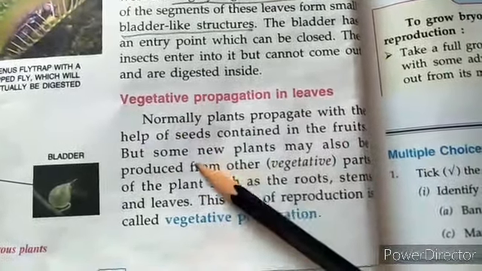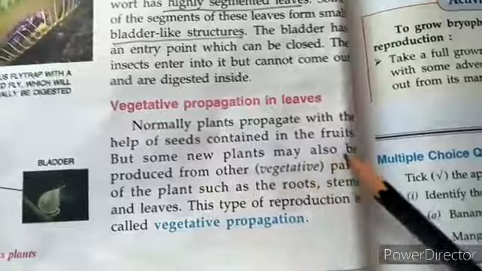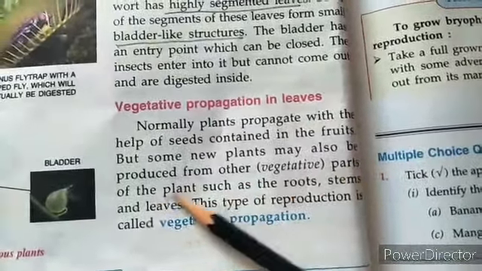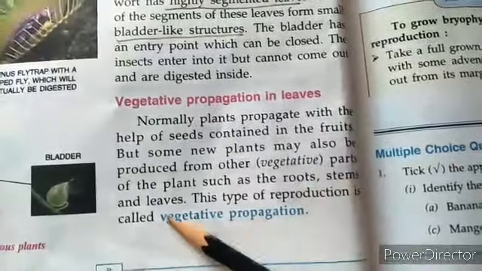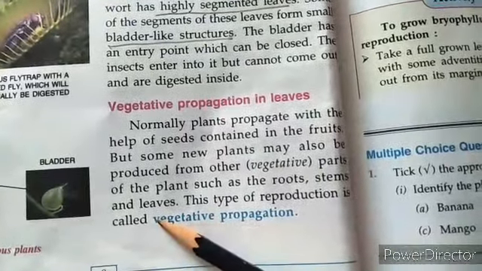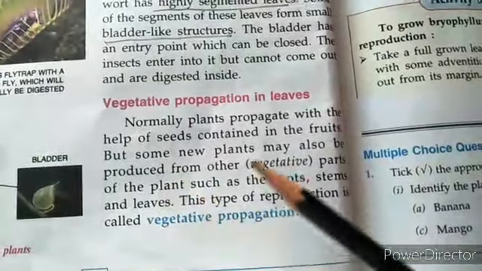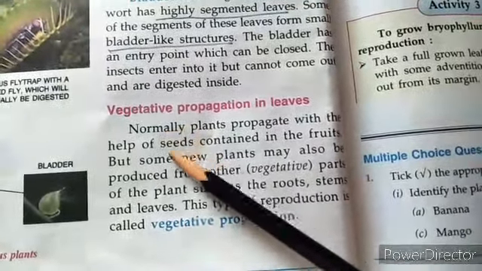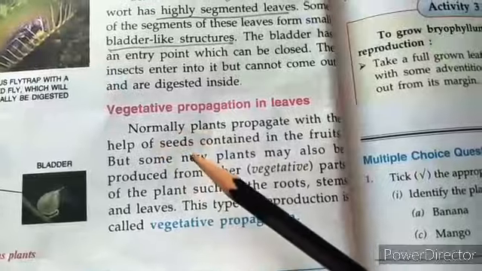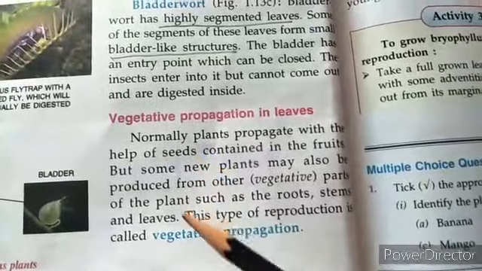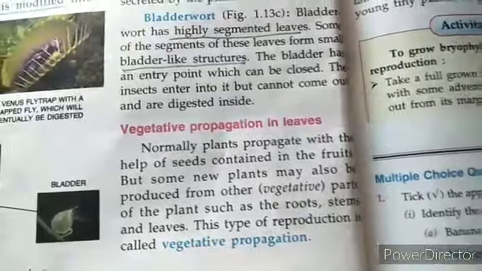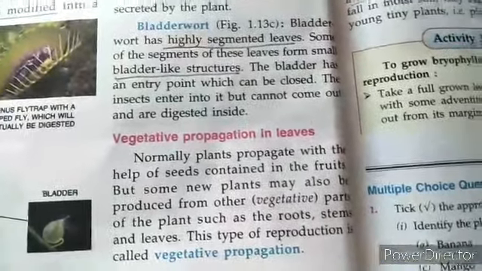But new plants may also be produced from other parts of the plant, such as root, stem and leaves. So if a new plant is produced other than from the seed, either from the root, stem or leaves, then we call it vegetative propagation.